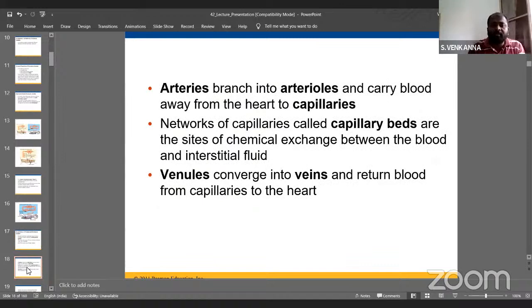Arteries branch into arterioles and carry blood away from the heart to capillaries. Networks of capillaries, called capillary beds, are the sites of chemical exchange between the blood and interstitial fluid. Venules converge into veins and return blood from capillaries to the heart.